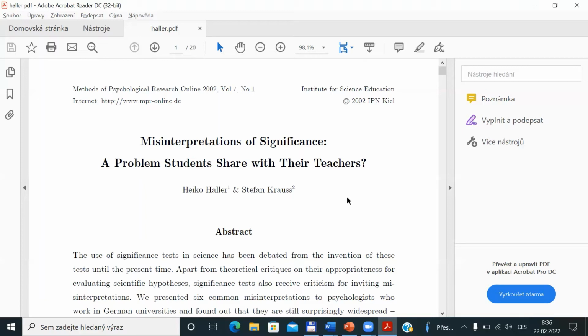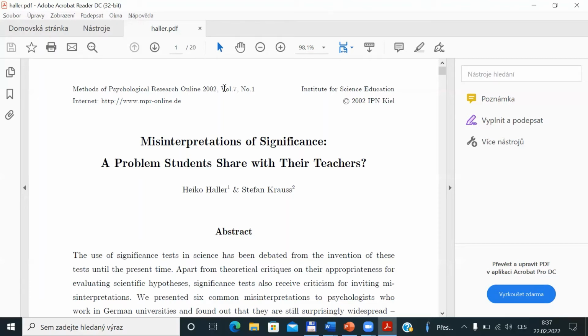The article is "Misinterpretations of Significance and Problems Students Share with Their Teachers?", published in Methods of Psychological Research Online in 2002. I guess both these articles can be found online if you would like to have them.